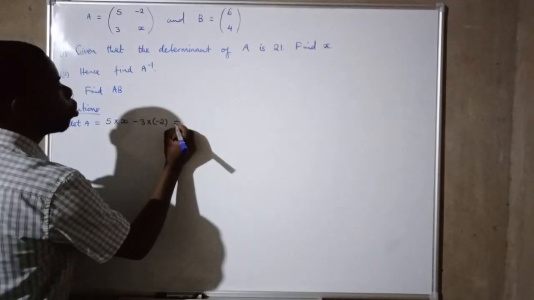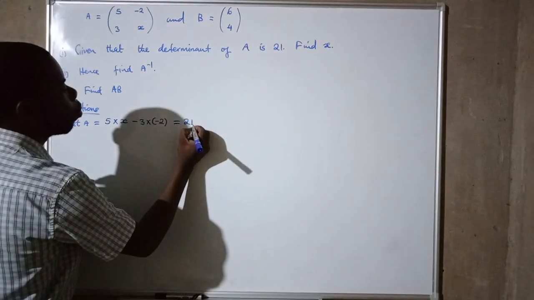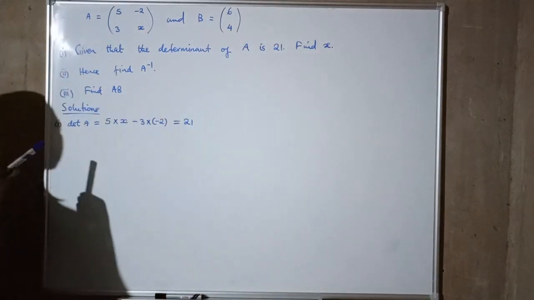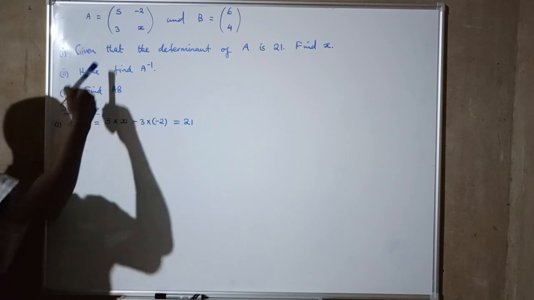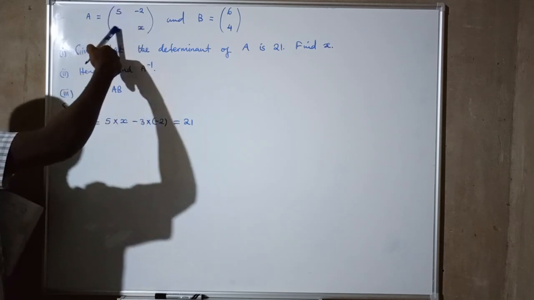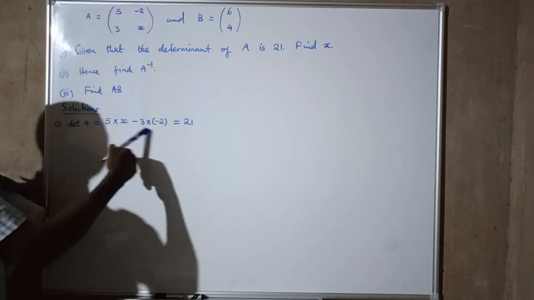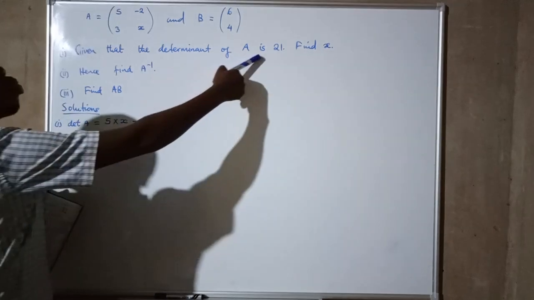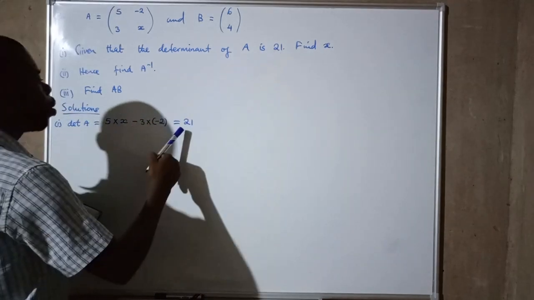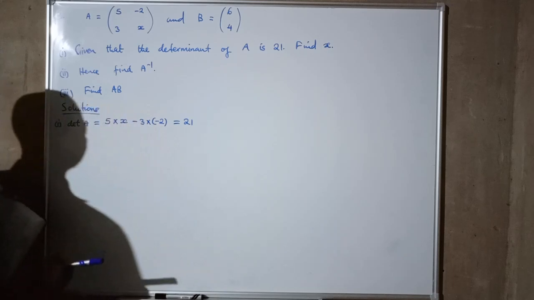And I'll say this now is also equal to 21. Because here it says determinant of A, we know we can find this times that minus that one. But it is also now equal to the final value they have given to us.